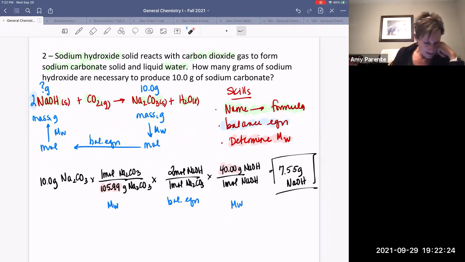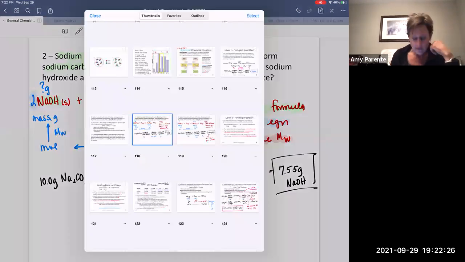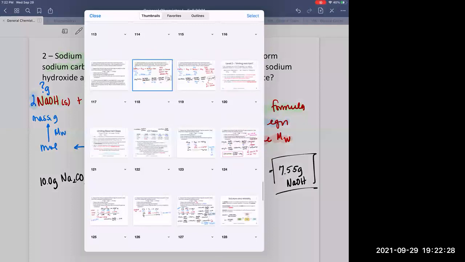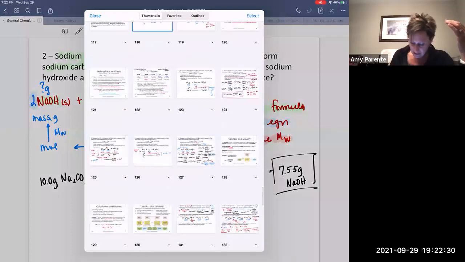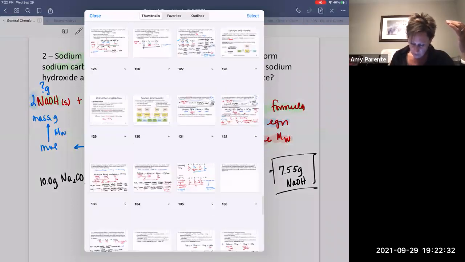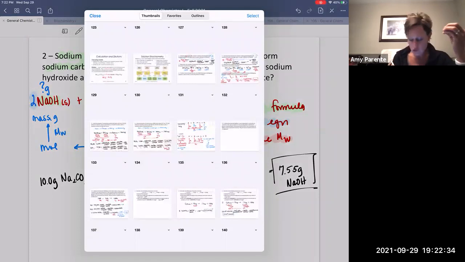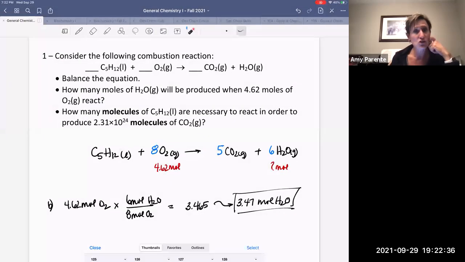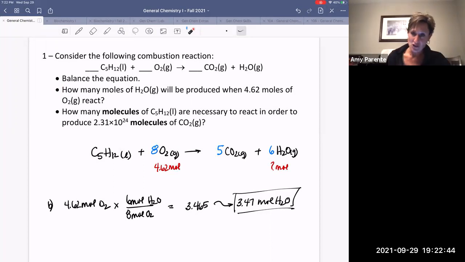Okay. And you're going to hear me say this a lot in class: the level of difficulty you have with problems is proportional to how directly information is provided to you. So this second part is simpler than what you're going to see on your quiz, because it's only one step.